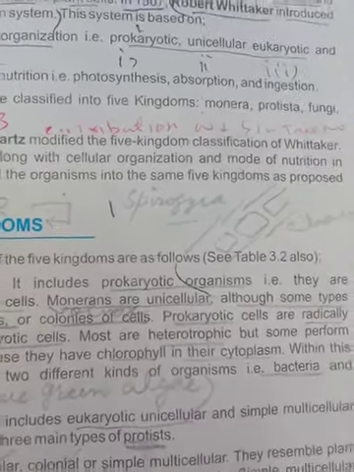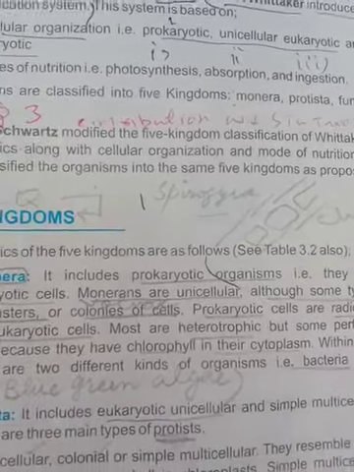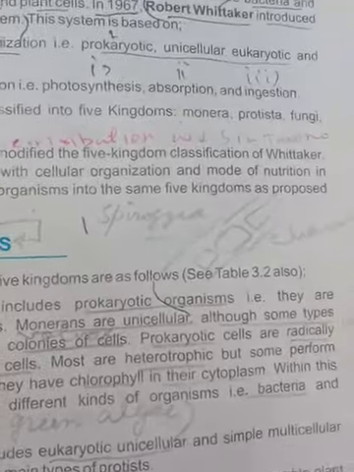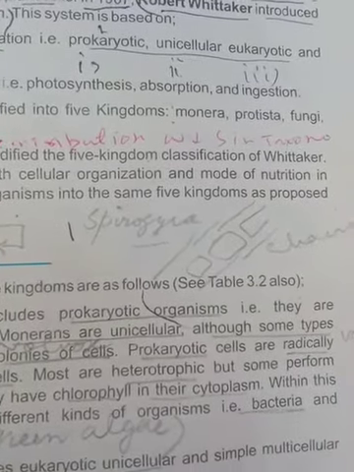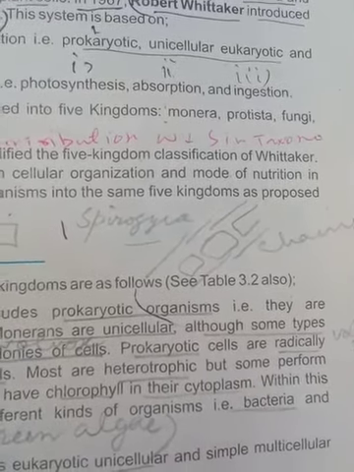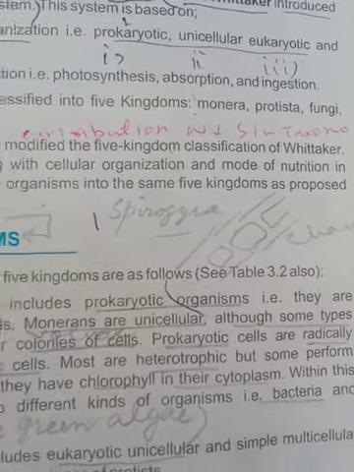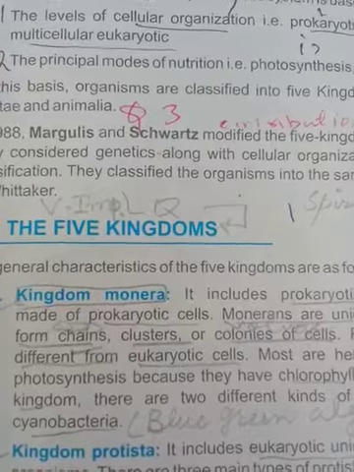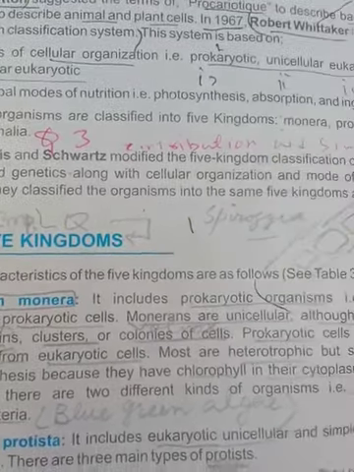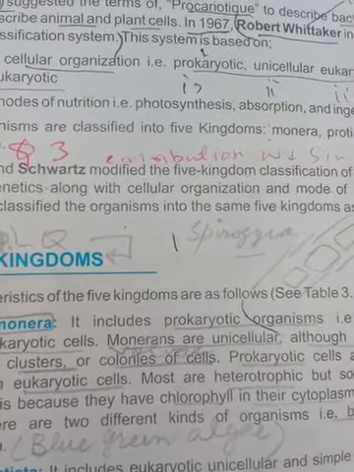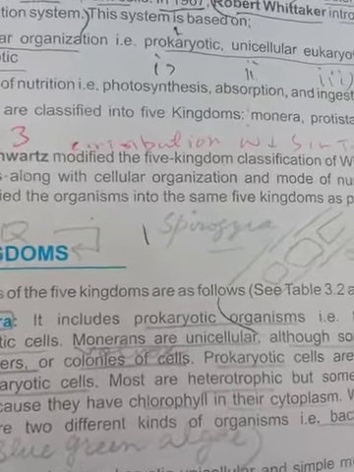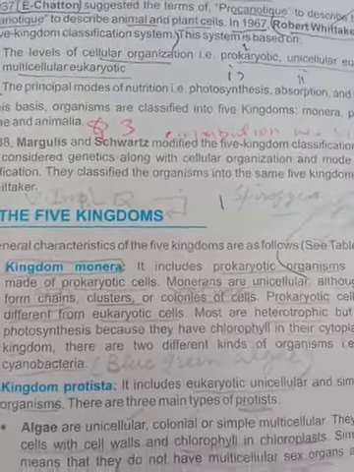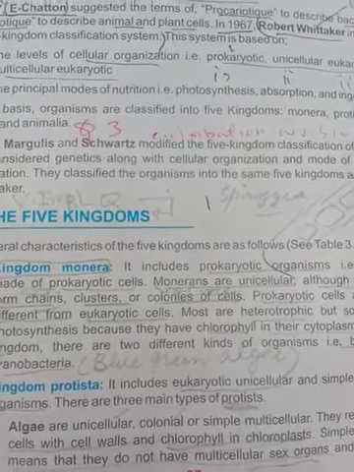Now prokaryotic cells are radically different from eukaryotic cells. Radically different means they are different in their shape from the eukaryotic cells. Most of the Monerians are heterotrophic, but some perform photosynthesis also because they have chlorophyll in their cytoplasm.